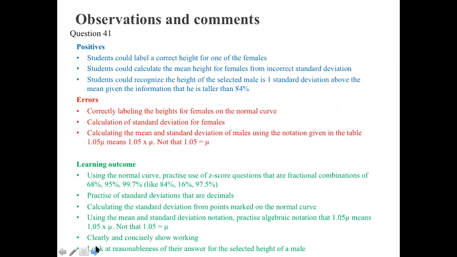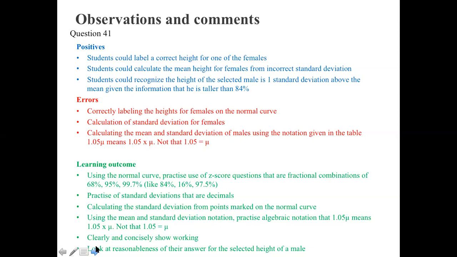Our kids could label a correct height for one of the females. They struggled getting them both correct. They also could calculate the height for females from an incorrect standard deviation. Often they would get that standard deviation incorrect, which is the very next step, but from that, the rest of it could follow.